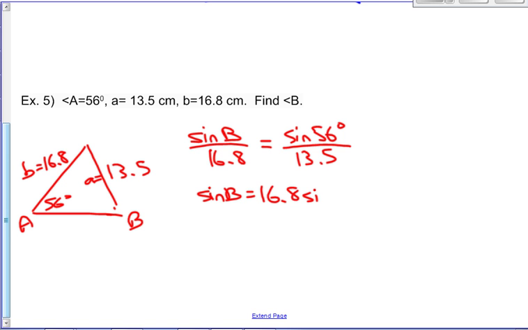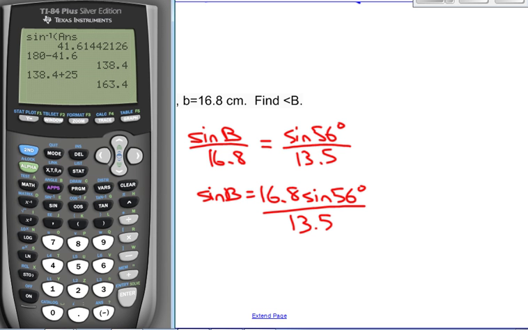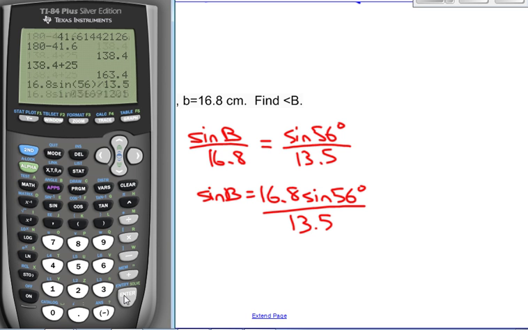Let's see what happens. I've got 16.8 sine 56 divided by 13.5 gives me roughly 1.03.